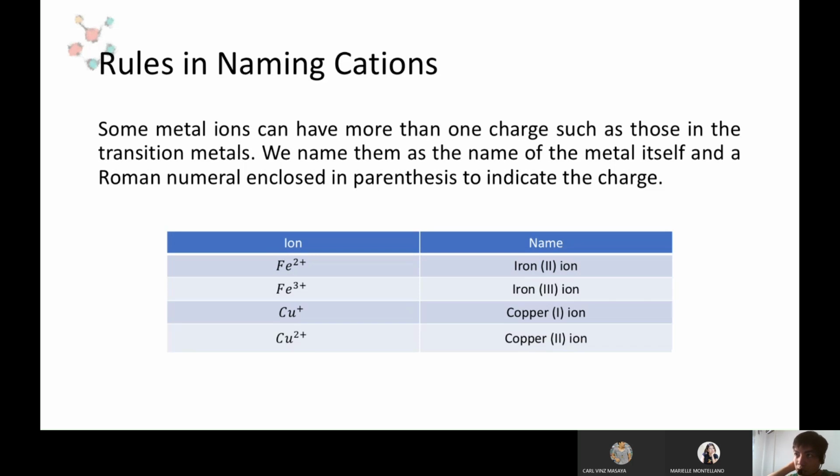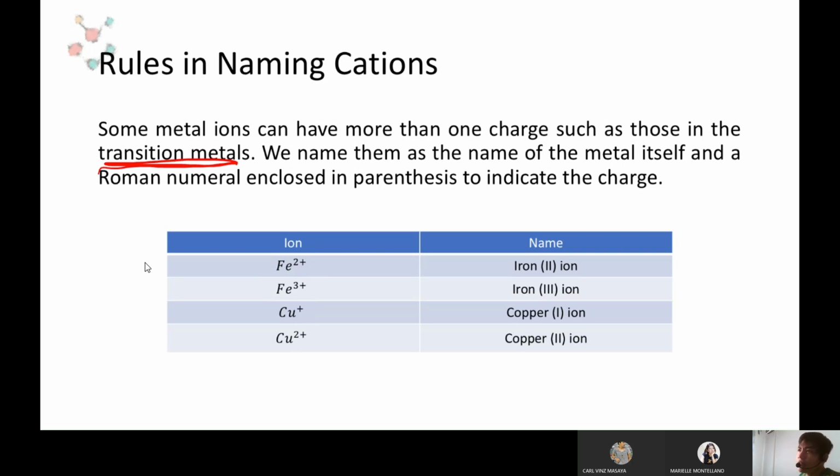What about, sir, if it's not from group 1, group 2, and group 3? Sir, what if it's in the transition metals? If you're in the transition metals, the naming is different. Like I said earlier, the metals in the transition metals can form multiple charges. For example, iron can form positive 2 or positive 3. Copper can produce positive 1 or positive 2 charges.